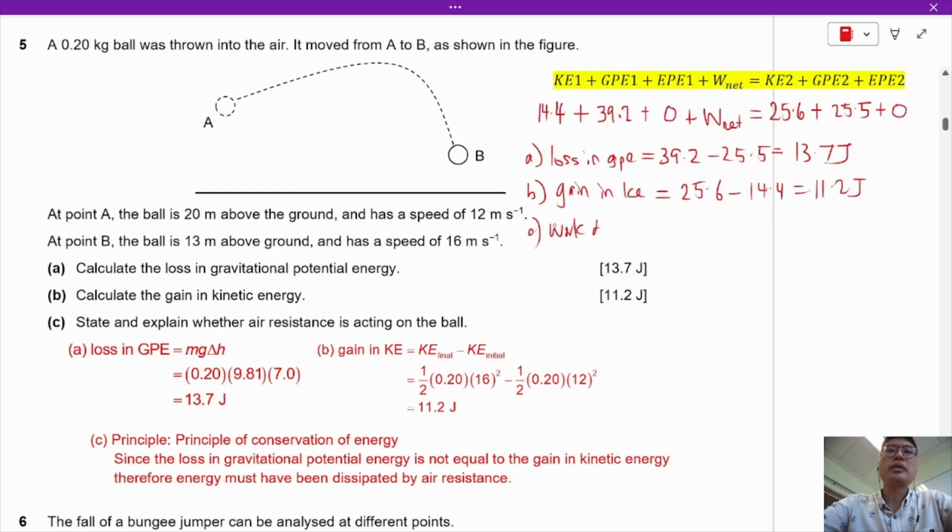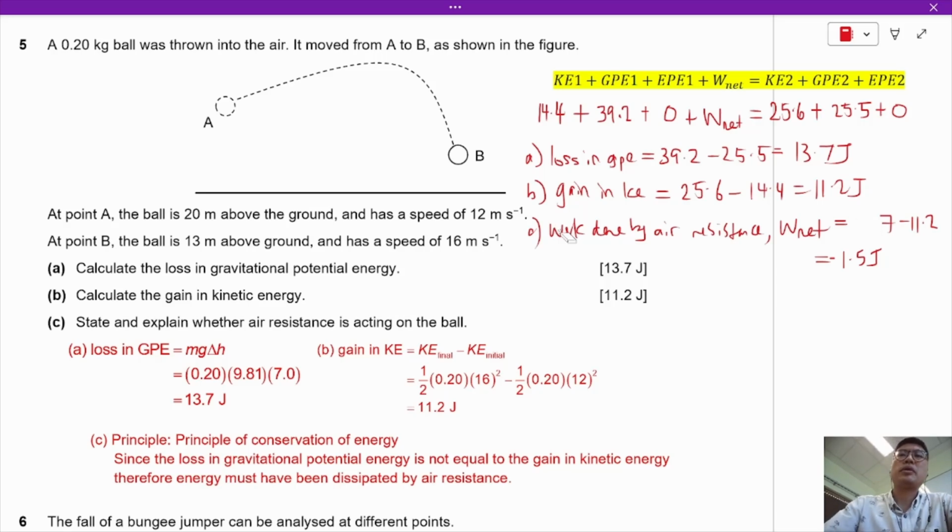The work done by air resistance can be found in two ways. This is actually the W net. It can be found by 13.7 minus 11.2, which gives us 1.5 joules. Well, actually it's negative 1.5 joules, so it's 11.2 minus 13.7.